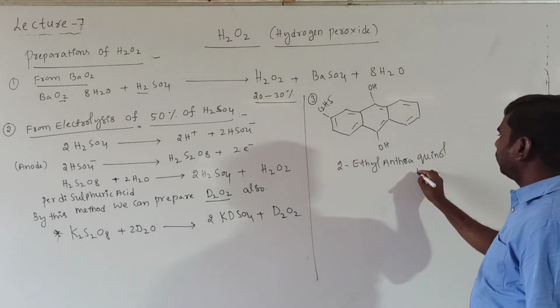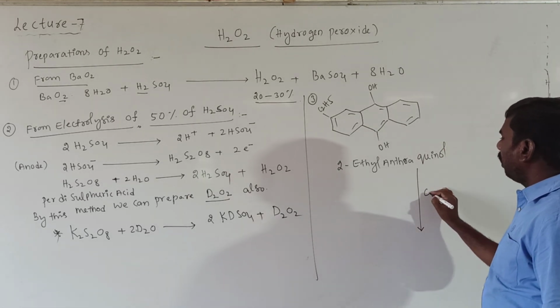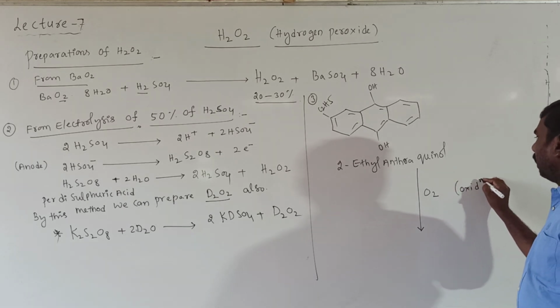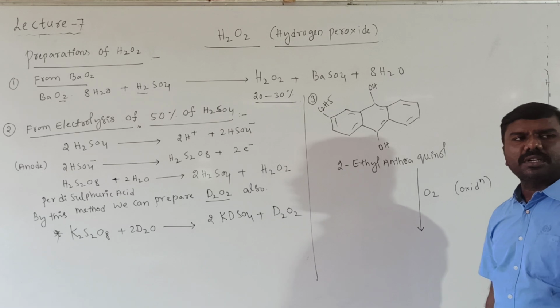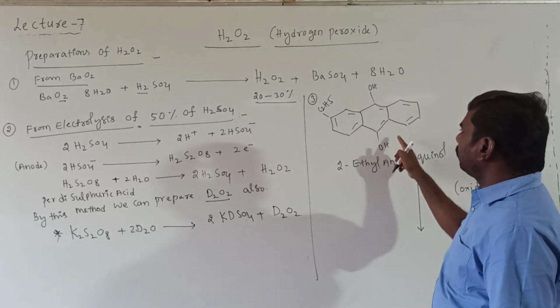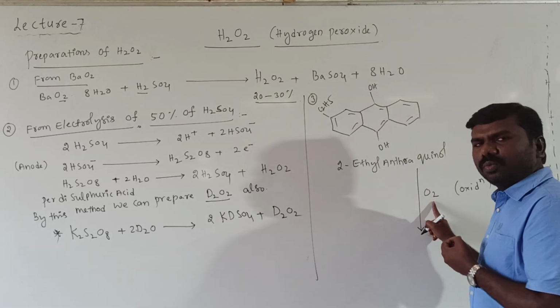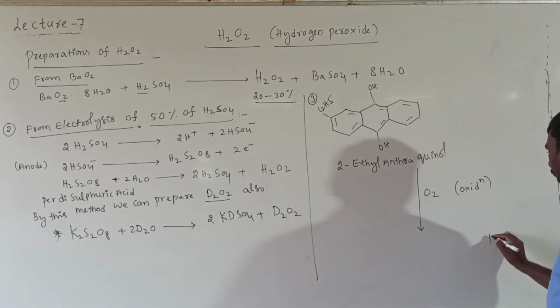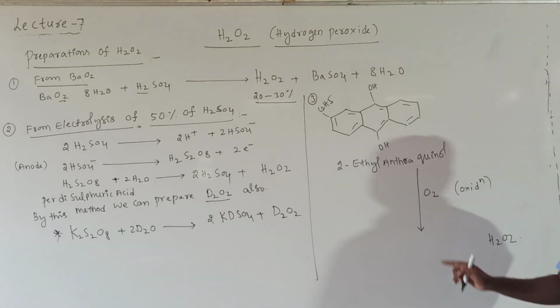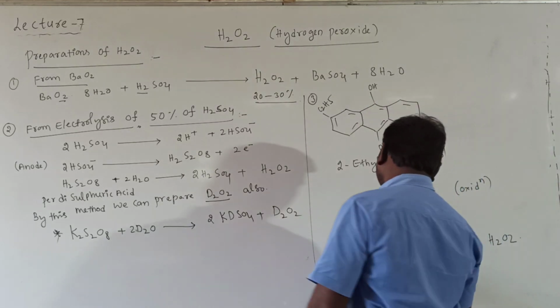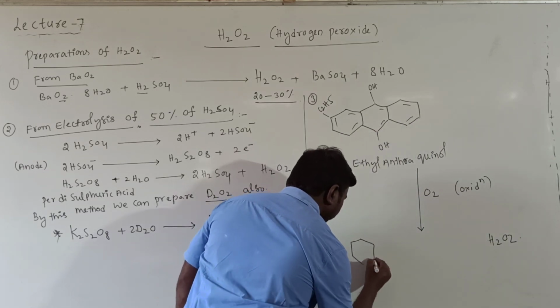So this is on oxidation. Oxidation means removal of hydrogen is also called oxidation. These two hydrogens, this one and this one, are removed as H2. Remaining, same 3 rings.